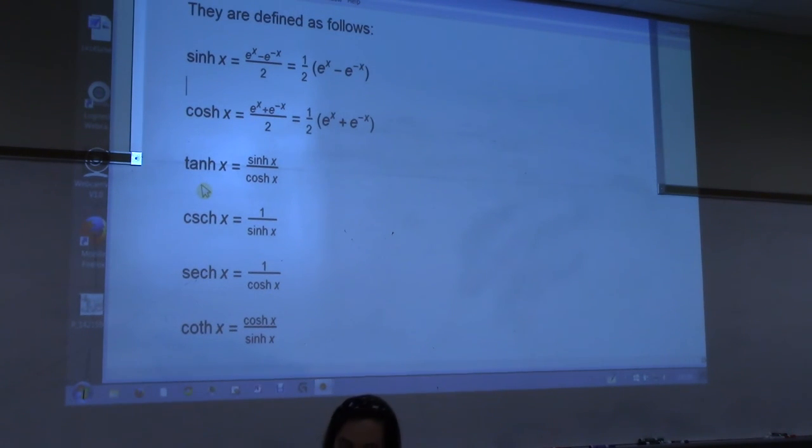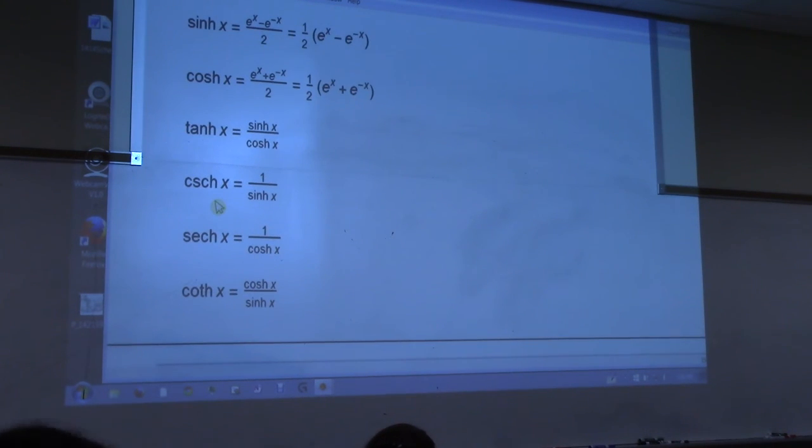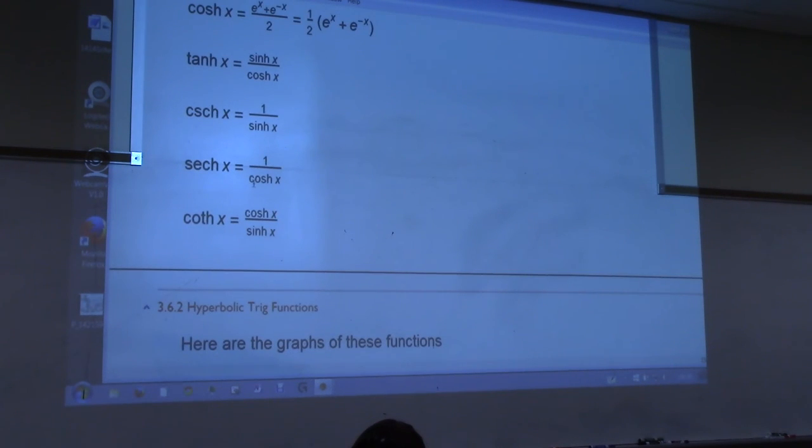The hyperbolic cosecant function is 1 over the hyperbolic sine function. That's exactly the same as in pre-cal. The hyperbolic secant function is 1 over the hyperbolic cosine function. So it's just reciprocals, right? And then the hyperbolic cotangent function is the reciprocal of the hyperbolic tangent function. Just flip those 2 over.